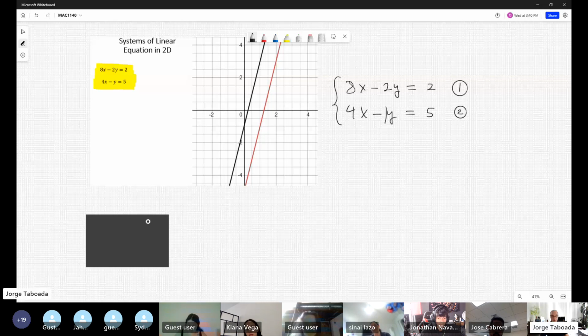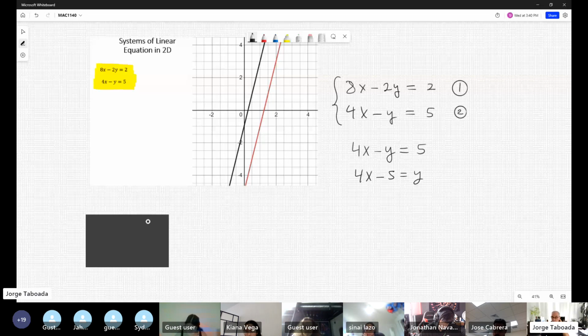Yes. Okay, cool. Now this one is a clue that indicates it is good to apply substitution. You take equation number 2 and solve for y. So, 4x minus y equal 5. I manipulate like that: 4x minus 5 equal y. It's equivalent, no? So you isolate, solve for y.